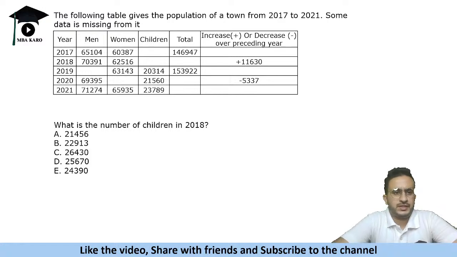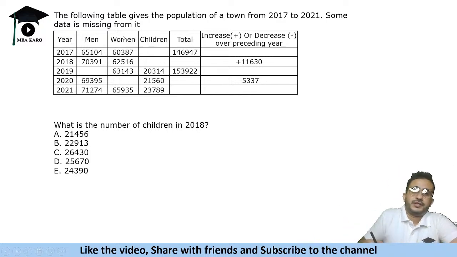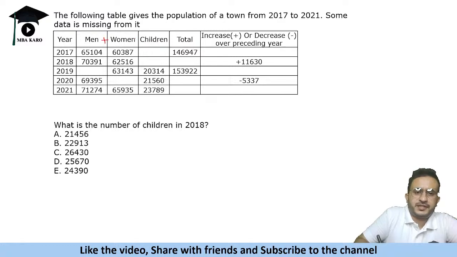So this tests your basic ability to get the total. Like, see, data is missing. It is very easy to get that men plus women plus children will be equal to total people. So if we know the total, we can find the number of children here.